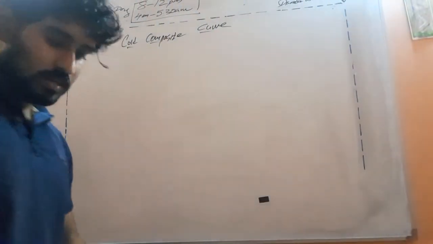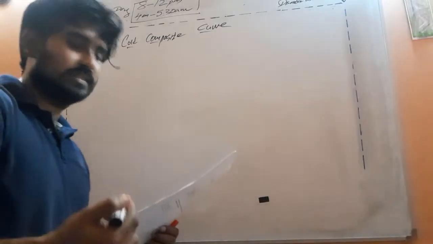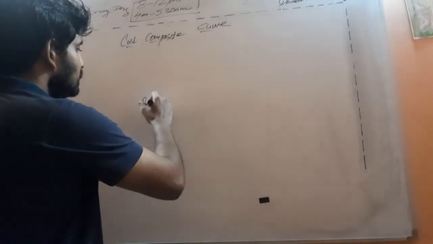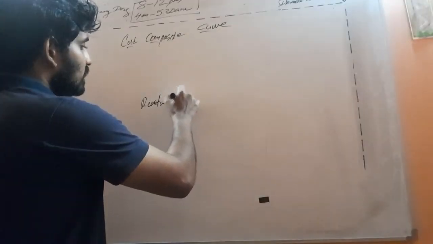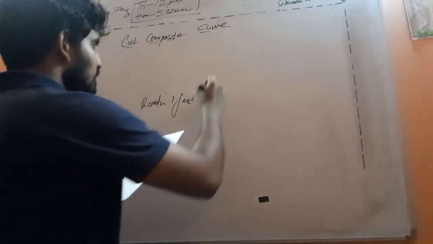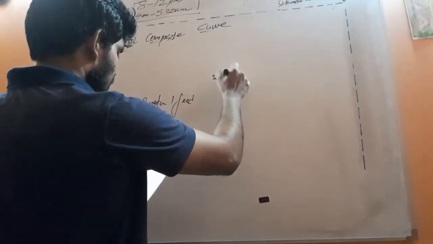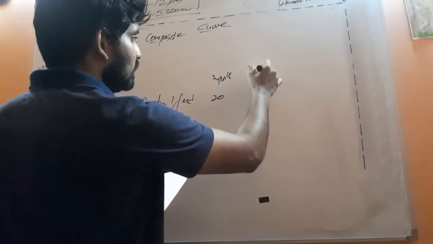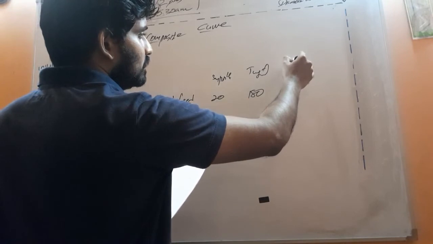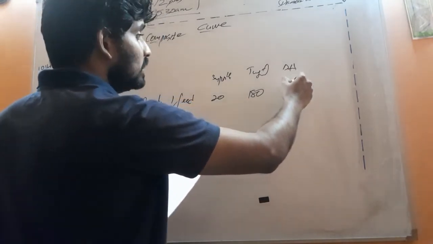So if you focus on our problem, you can find two such processes. One is reactor 1 feed, where supply is 20 and target is 180, and delta H is 32.